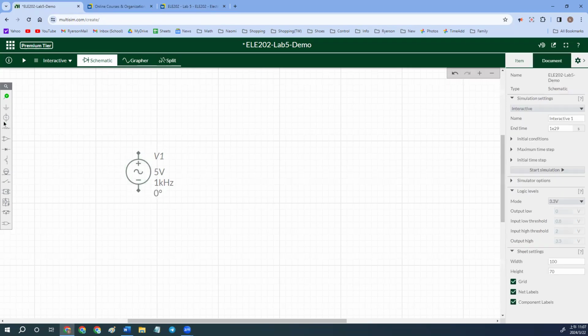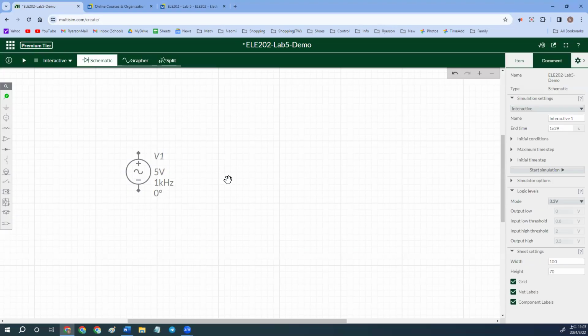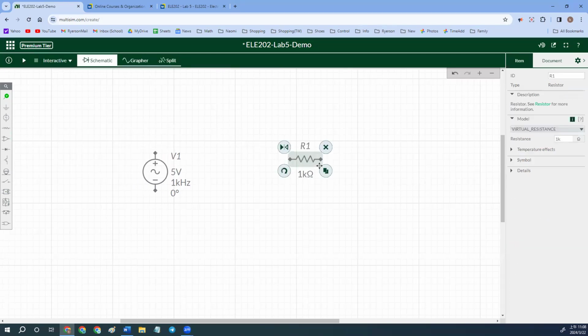Now it says connect the function generator output directly to channel 1 input of the scope. The function generator you are using in the lab has an internal 50 ohm resistor, but the function generator we are using in the simulation software does not have that internal resistor. So we're going to put a random resistor here.